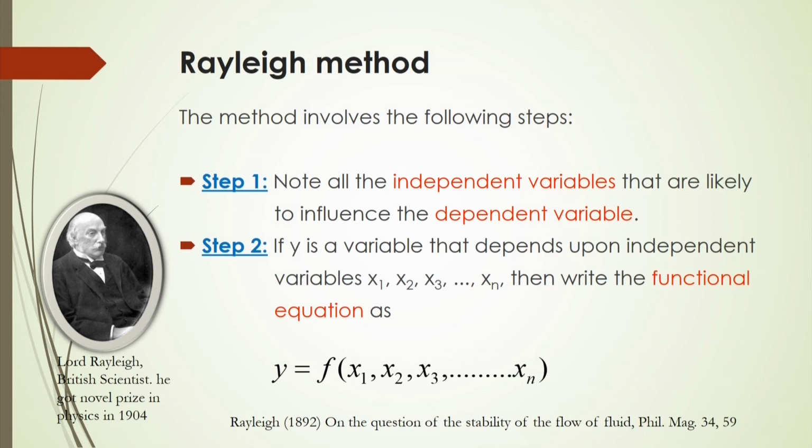Suppose the pressure drop is a function of the diameter of the column, of the viscosity of the system, and of the velocity of the fluid. In that case, pressure drop is the dependent variable, and the independent variables are what? That will be your viscosity, column diameter or pipe diameter, and flow velocity. So, these are independent variables. These independent variables will change the dependent variable.